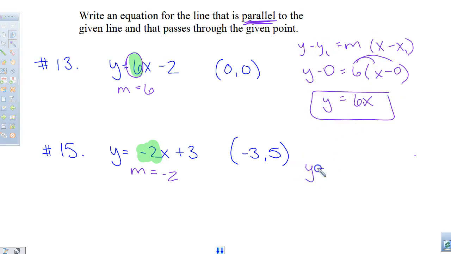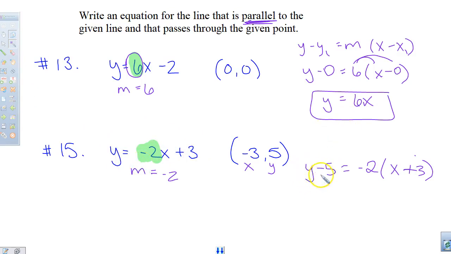So instead of y minus y1, I'm going to do y minus 5 equals m is -2 times the quantity x minus my x1 value, which is -3, so those two negatives are going to create an x plus 3. We put it in point-slope form because we were given a point and the slope. But this equation is slope-intercept form, so our final answer should also be slope-intercept form.